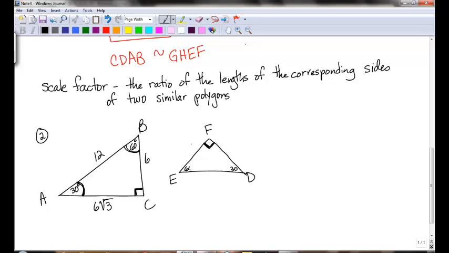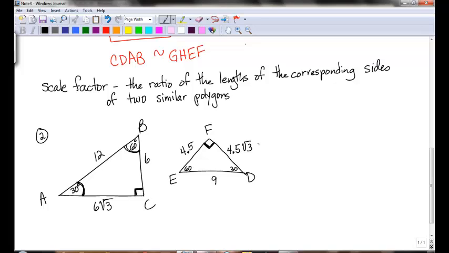This angle is 60. The hypotenuse ED is 9. The side opposite the 30-degree angle is 4.5. And this one is 4.5 radical 3.